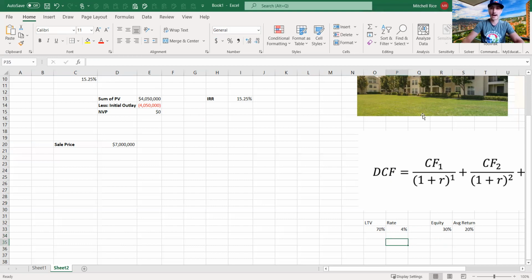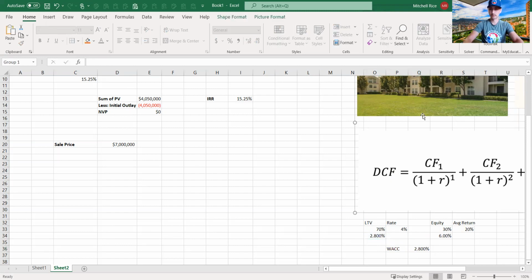And then to find a WACC, all you do is just multiply the portion allocated to debt times the cost of capital for the debt. And then you do the same thing for your equity. And then your WACC is just the sum of the two. Oops.